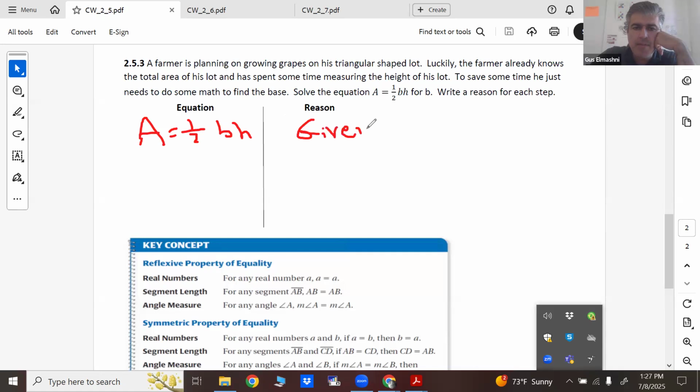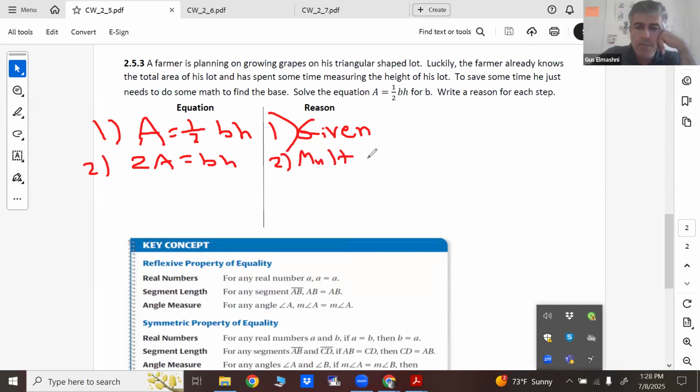So usually I'll number these like this. Then I'll multiply both sides by 2. And then divide both sides by h.